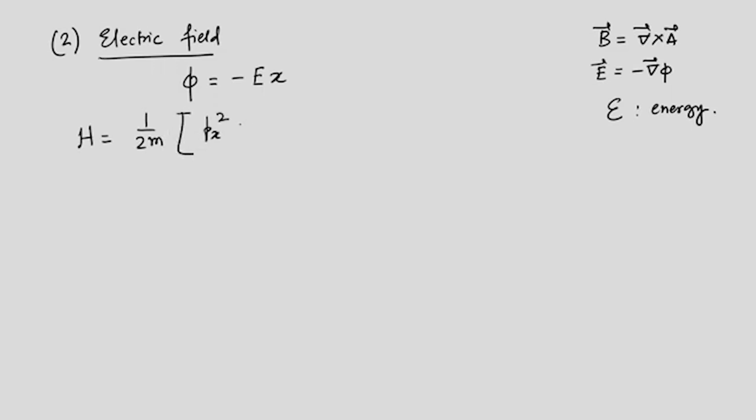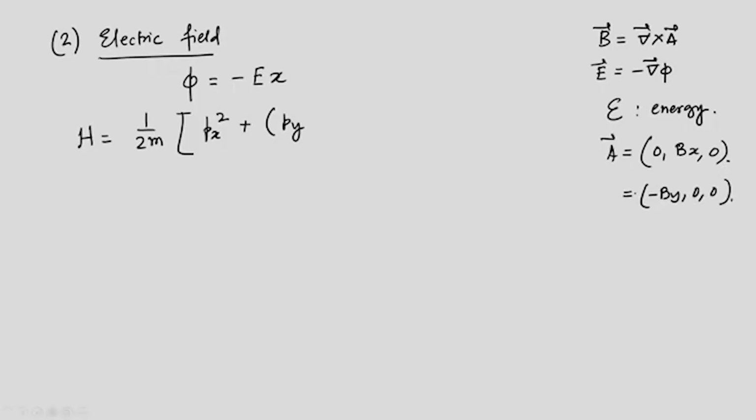Now I'll write down the gauge to be slightly different. Now I take a gauge where A is not minus By, but equal to 0, Bx, 0. So instead of what we have taken earlier, By, 0, 0.